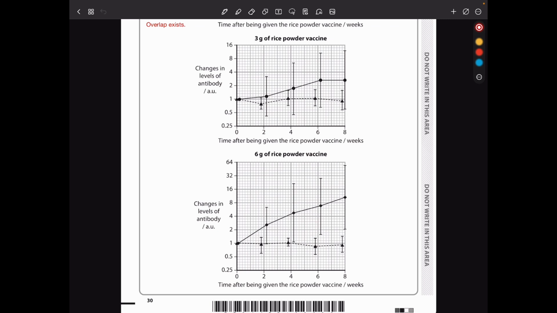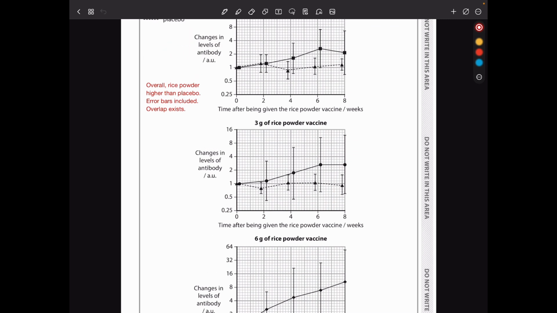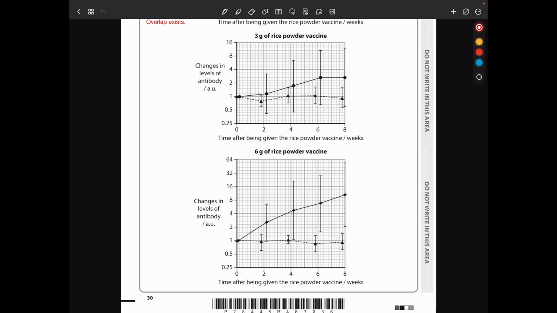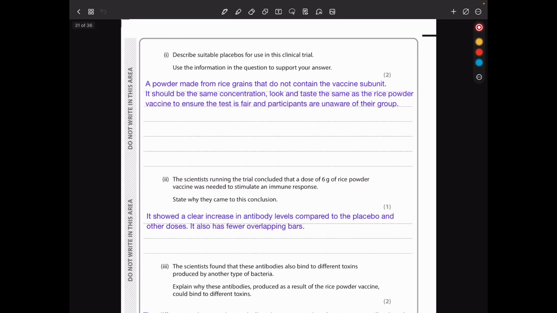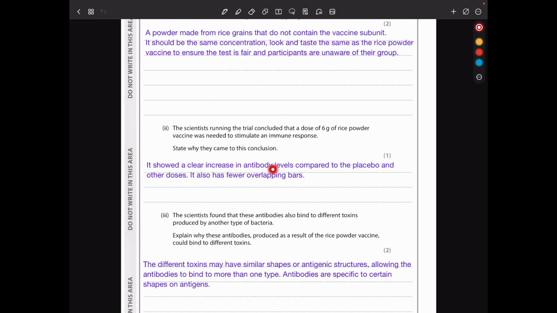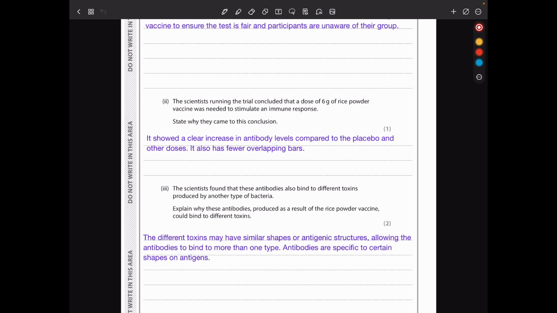Here, that and that doesn't overlap, that and that does not, but here everything overlapped, and above here everything overlapped, so we can conclude that there is a significant difference in some of the results here. So I said it showed a clear increase in antibody levels compared to the placebo and other doses. It also has fewer overlapping bars.